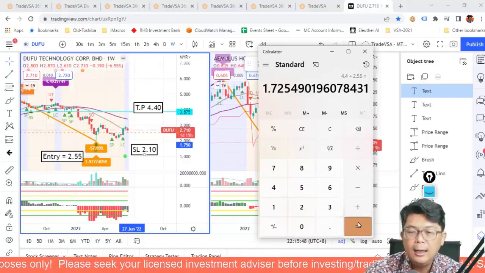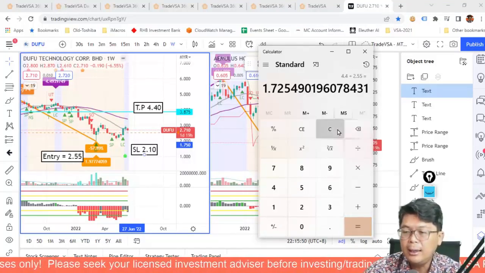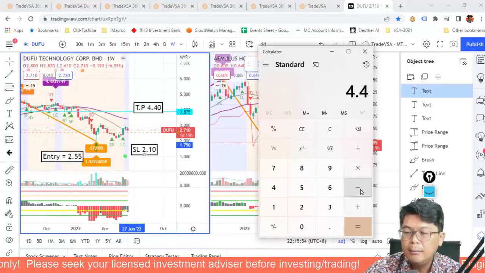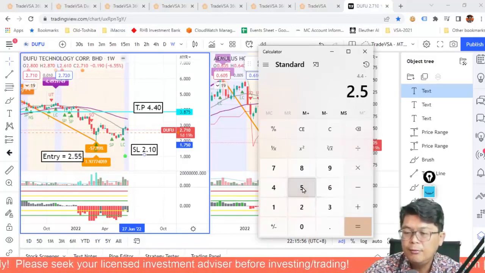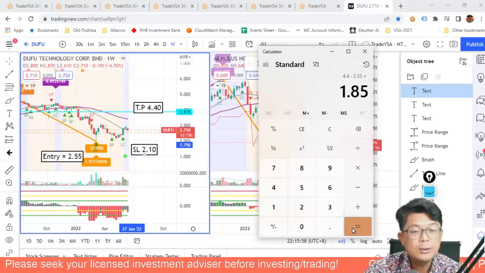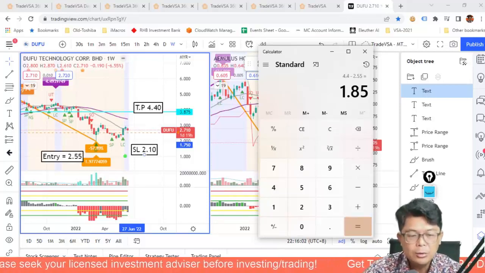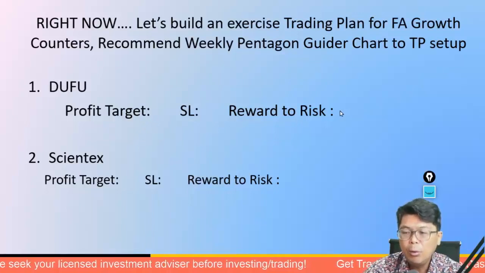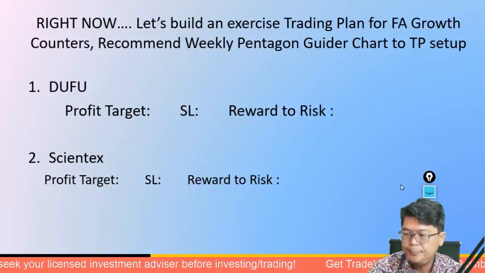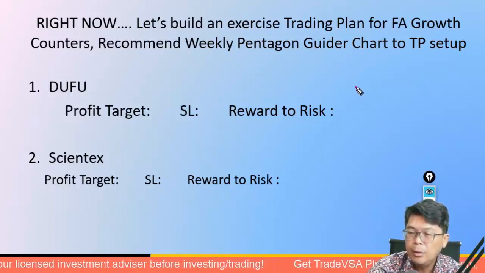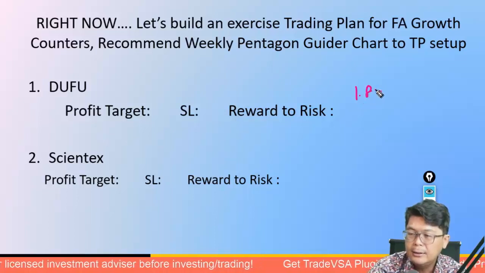I need to calculate the reward: 4.40 minus 2.55 is 1.85. So the reward is 1.8.